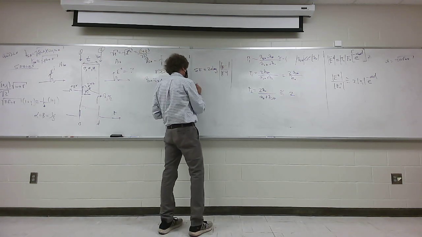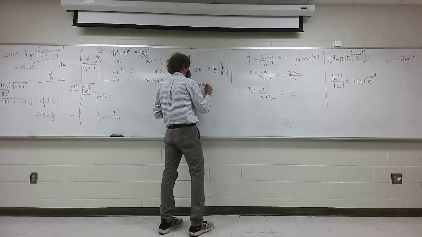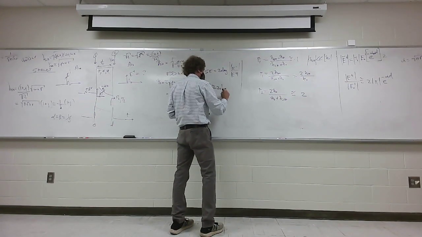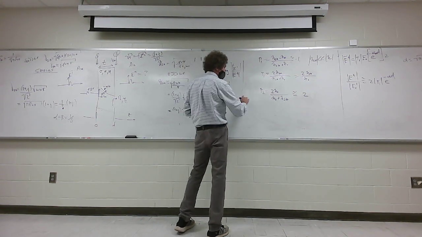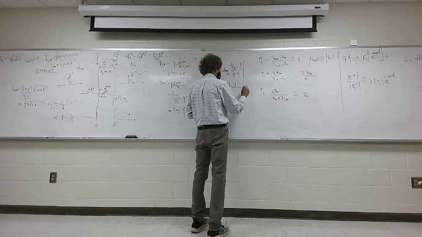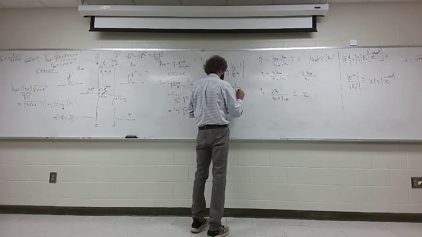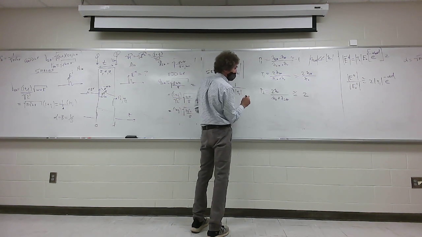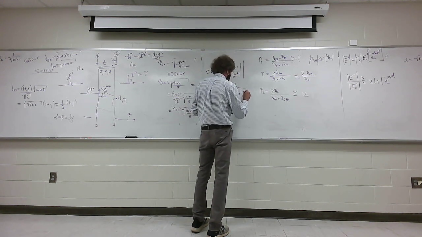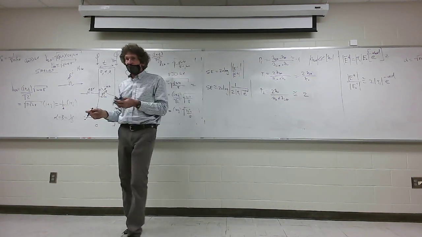So the shielding effectiveness for us is approximately equal to 20 times log base 10 of 1 over, and if you look at this, 2 times the magnitude of the transmission coefficient at region 1 times e to the minus alpha d, and that's it in a nutshell, and that ends that chapter.